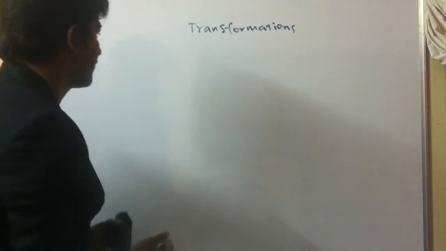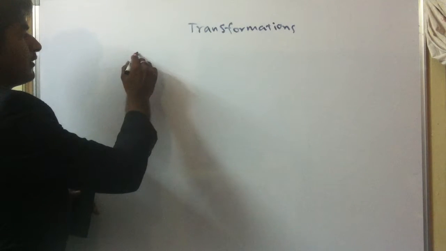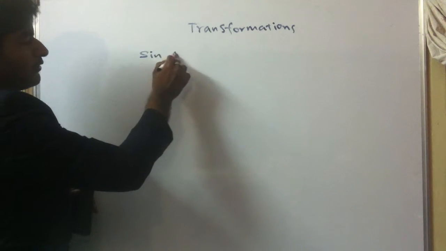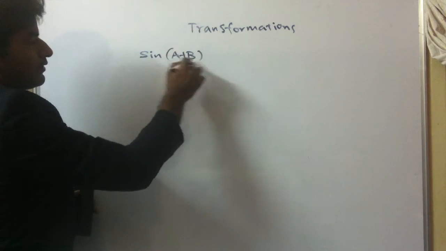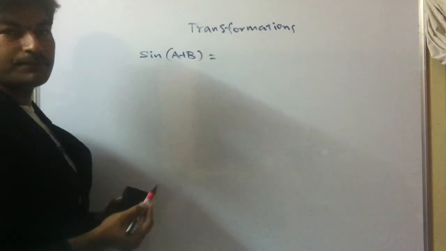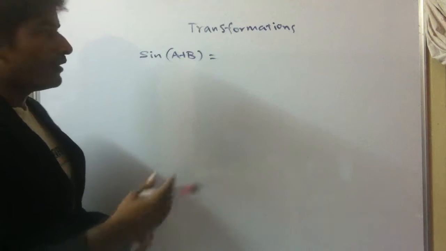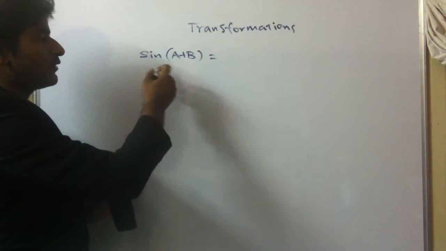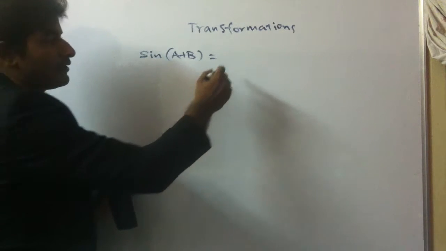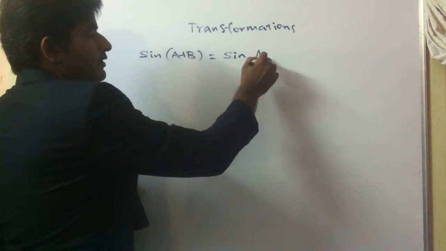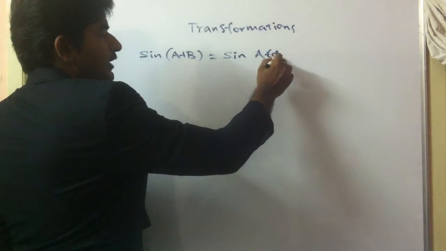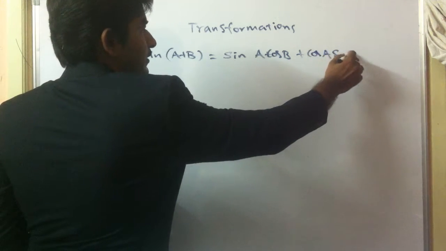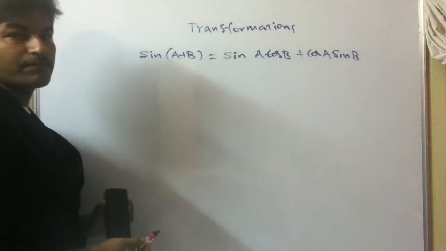First of all, we have to know that sine of a plus b equals, in the earlier chapter we already learned what sine of a plus b is. Sine of a plus b means sine a cos b plus cos a sine b.